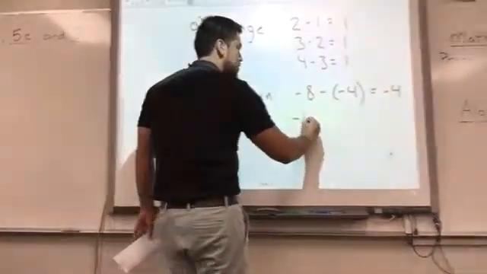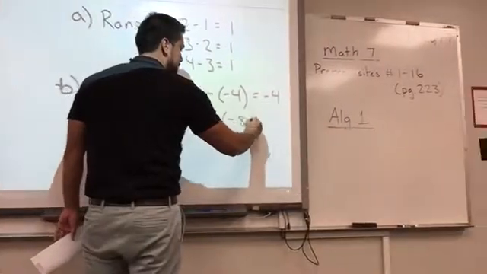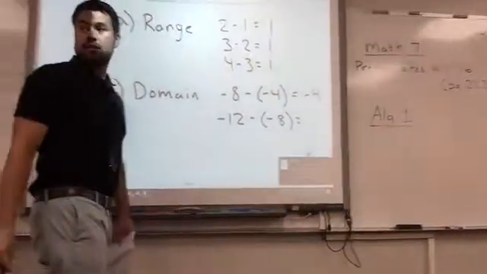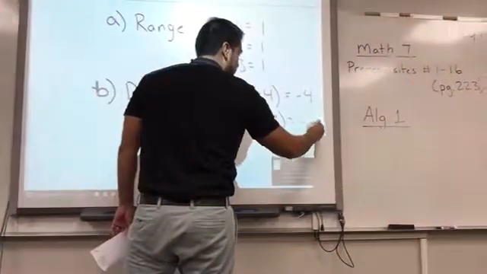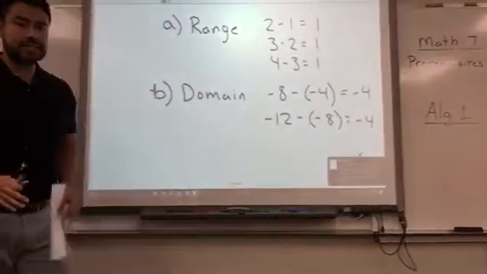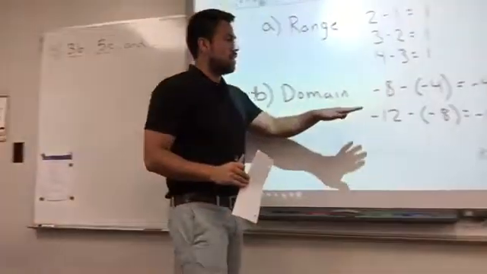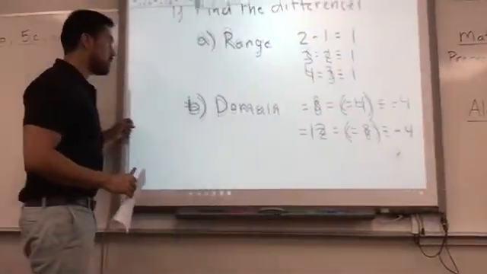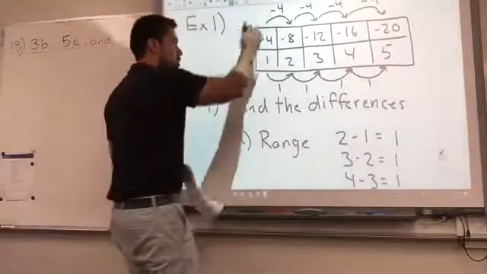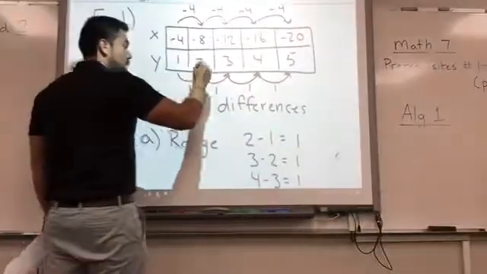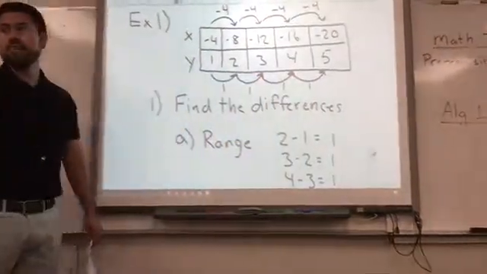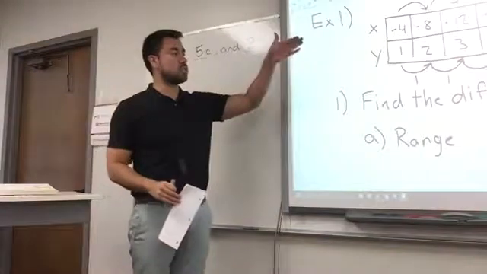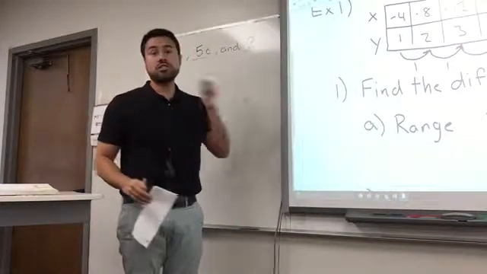So what's -12 minus -8? -4. Okay, do you guys see that the differences in the domain and range are the same throughout? You see here, these are all -4, all +1. You guys okay with that? Okay, that's your first step. Find those differences. Any questions on that?